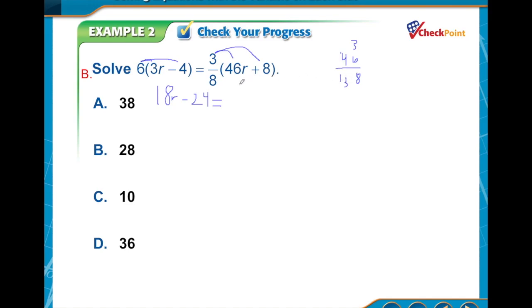So 138 over 8 plus 8. What is 3/8 times 8? It's just 3. So now we can simplify this whole thing. Oh, don't forget our r's right here.